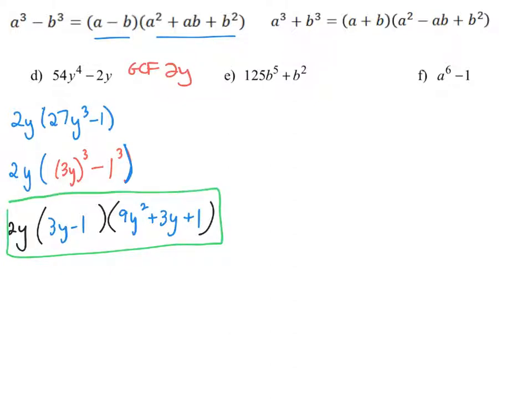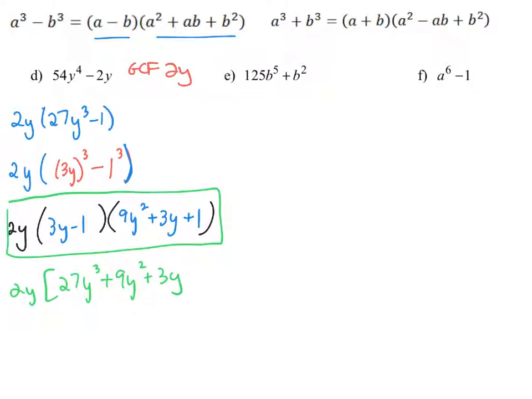And you can check your answer by first multiplying the binomial and trinomial factors together, and then multiplying the result of that by 2y. So when you multiply 3y minus 1 times a trinomial, you distribute the 3y to get 27y to the third plus 9y squared plus 3y.